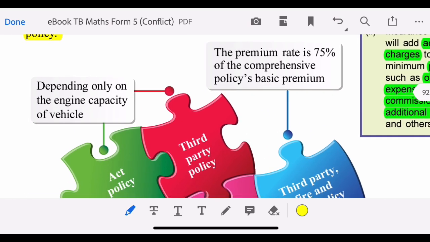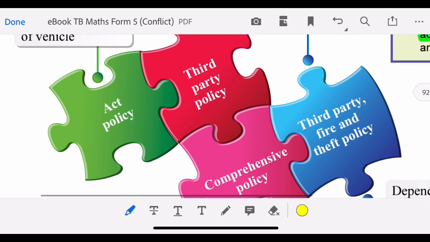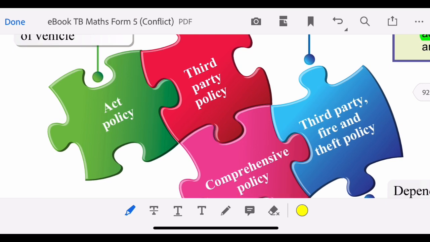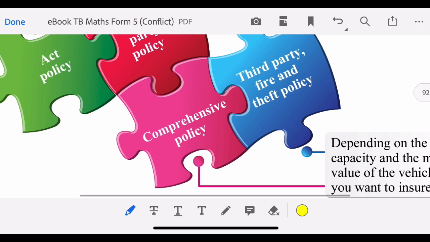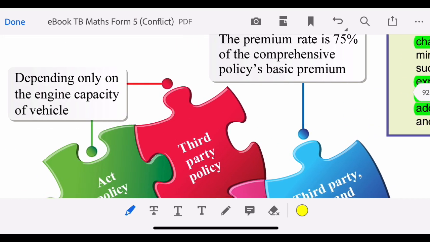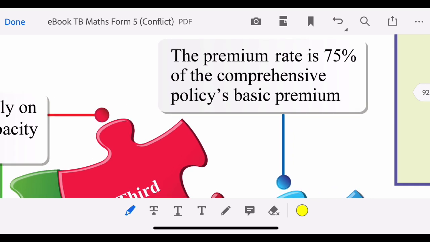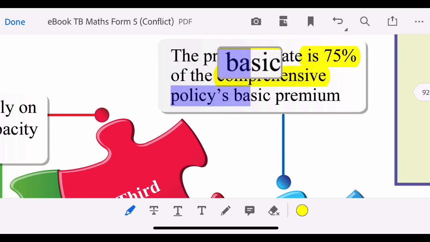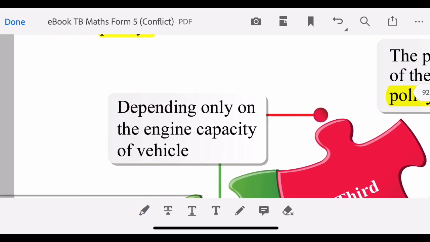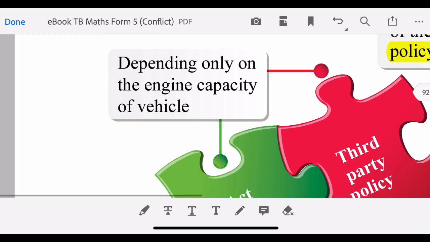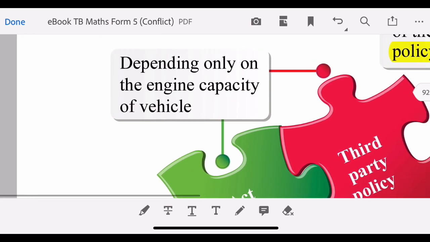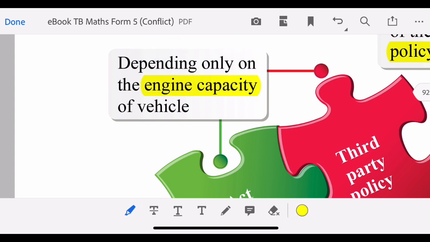Okay, so the Act policy, the third party policy, and comprehensive policy, and third party fire and theft policy. In fact the premium rate is 75% of the comprehensive policy basic premium, depending only on the engine capacity of the vehicle.